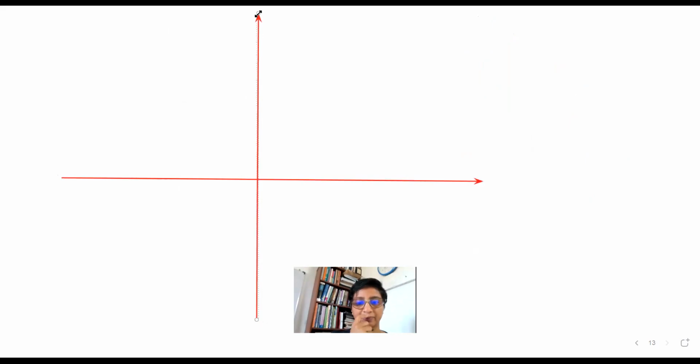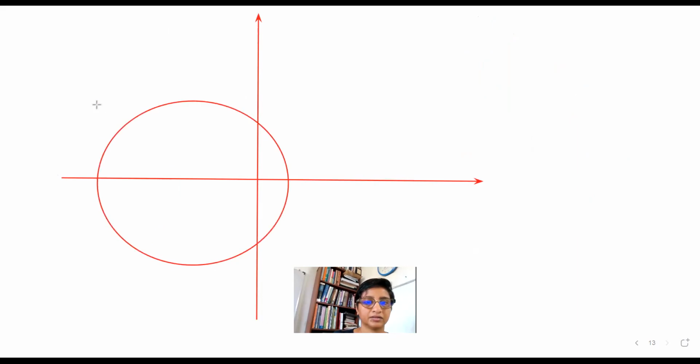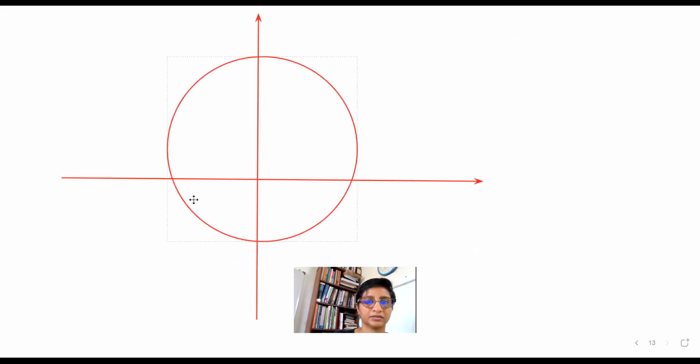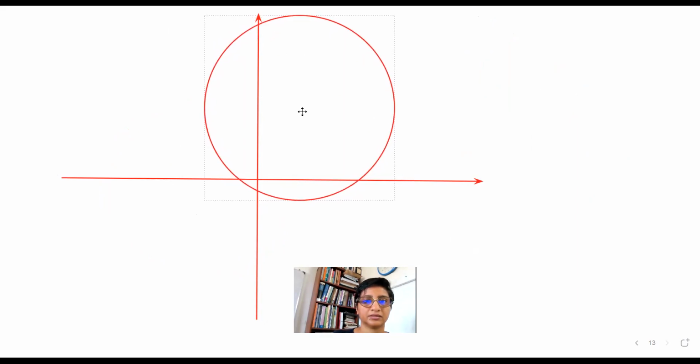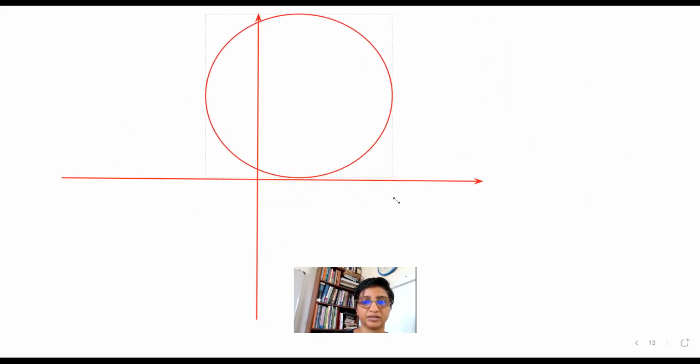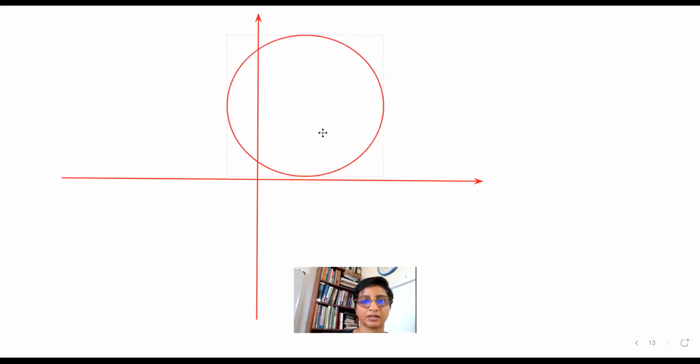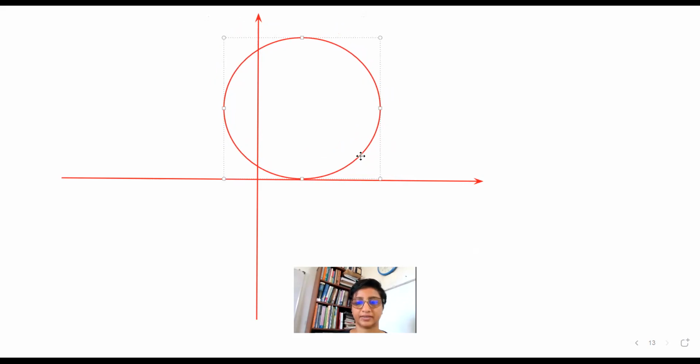So I didn't mean to draw red, but it's okay. No, that's not how it should be. It should be that. Like this, I think, okay?